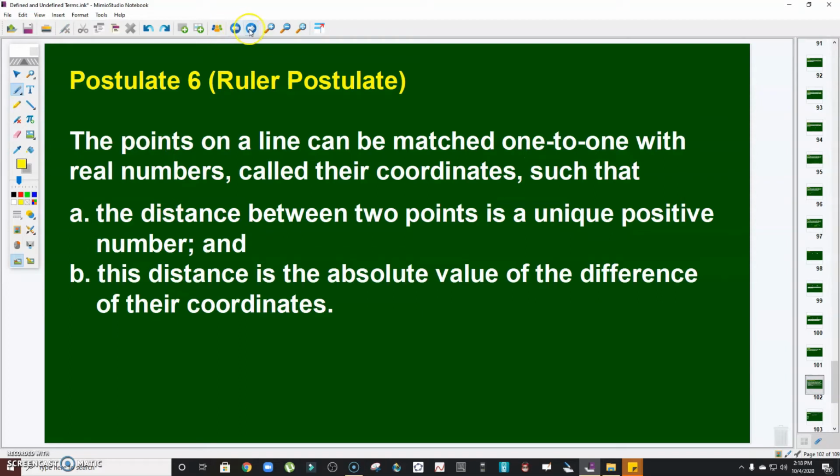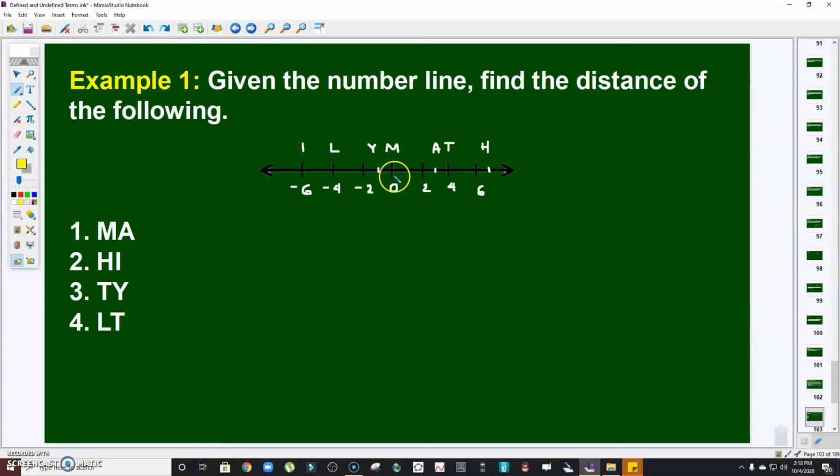So that is, M here corresponds to 0, A corresponds to 3, H corresponds to 7, L corresponds to -4, and so on. Okay, there's a one-to-one correspondence. And then, the distance or the length of MA is given by the absolute value of the difference of the coordinates.